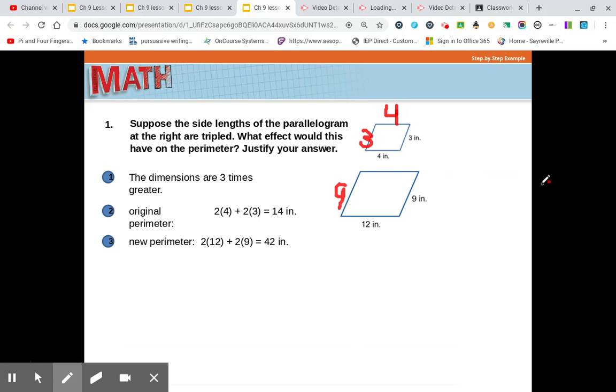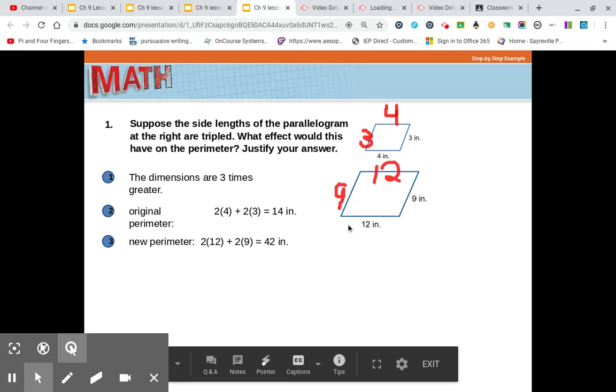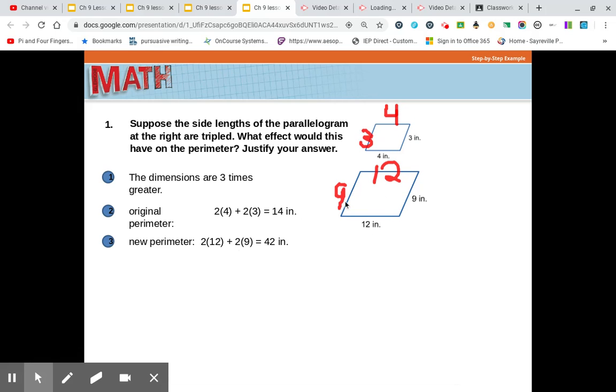Sorry, guys, writing with a mouse is hard. And if this side is 12, then this side has to be 12. All right. So they simplify that by just doing 2 times the 12 to represent the 2 sides of the figure, plus 2 times the 9 is 42. That's the new perimeter. But if you do 14 times 3, you do get 42.